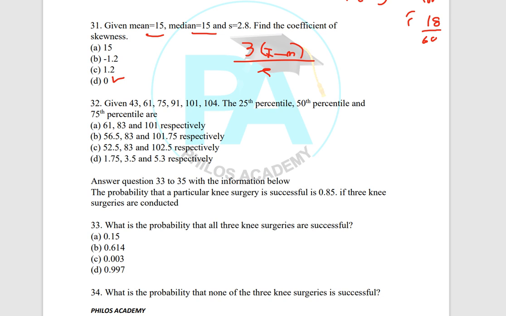Question 32 says, given 43, 61, 75, 91, 101, 104, find the 25th percentile, 50th percentile, and 75th percentile.